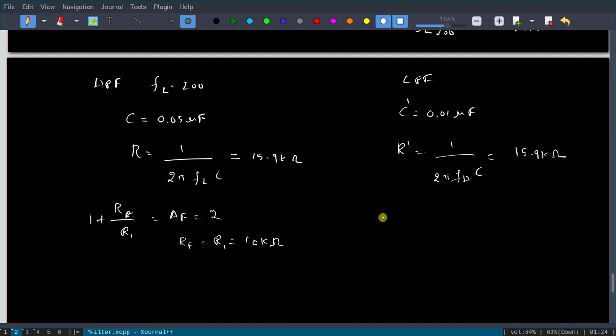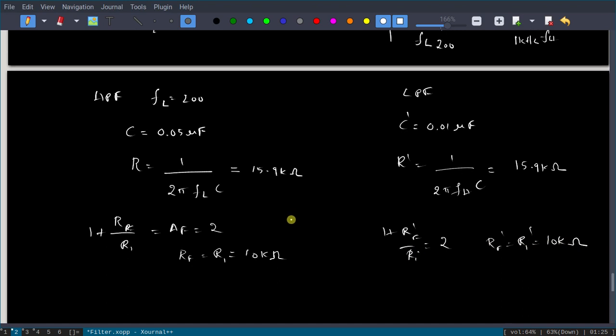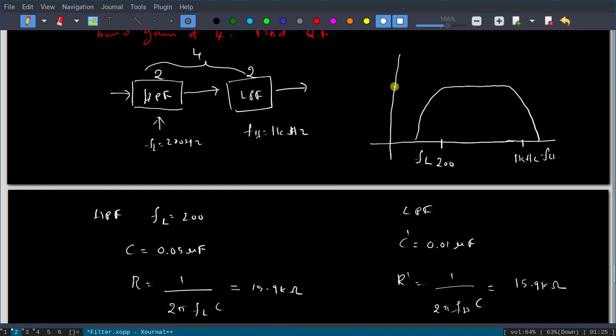And the gain again, 1 plus RF dash divided by R1 dash, should be 2. So RF dash equal to R1 dash equal to 10 kilo ohm. And the total gain also we obtained. If you do this, you will get a gain of 4.